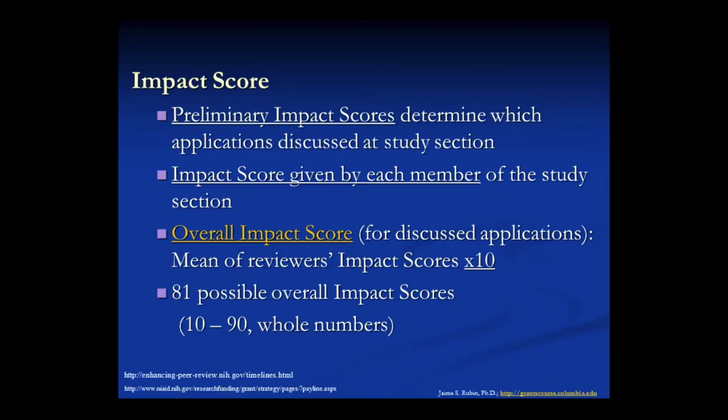Well, you could say, how can it possibly get a 22? I thought it only goes from 1 to 9. But really, the mean was 2.2, which means that you probably got a mixture of 2s and 3s impact scores, averaged out to 2.2, and then it's multiplied by 10. So remember that, multiplied by 10.